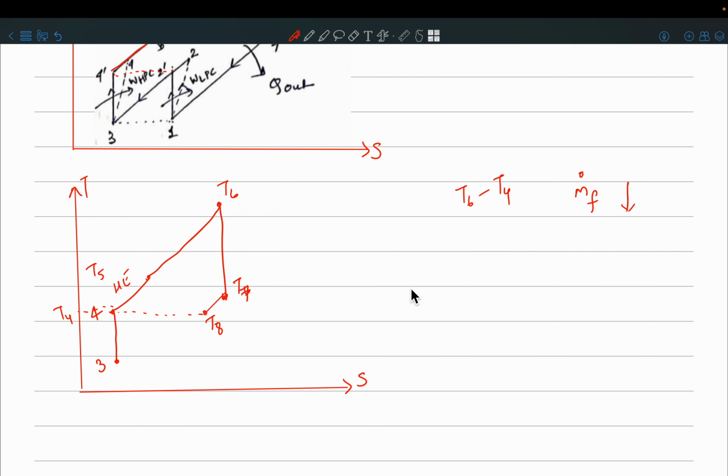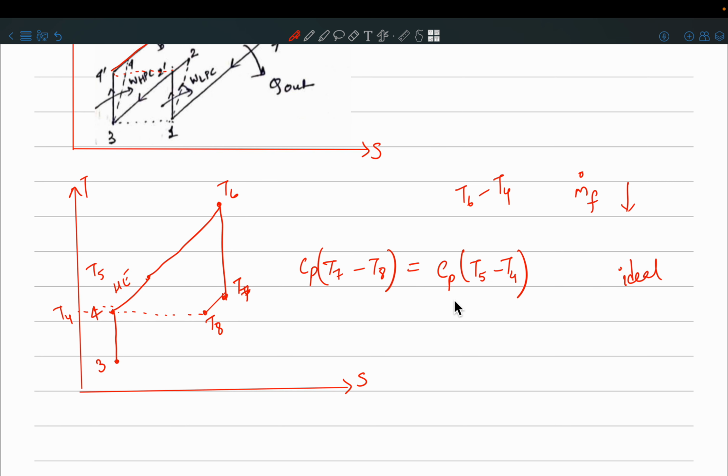The heat lost by this hot fluid coming out of the turbine, from T7 to T8, is going to be equal to the heat gained by the fluid at the exit of the compressor. Okay, so this is T5 minus T4. So this is the ideal situation of a heat exchanger.